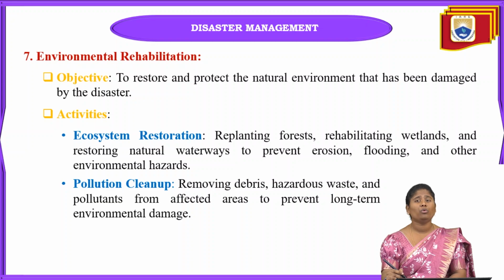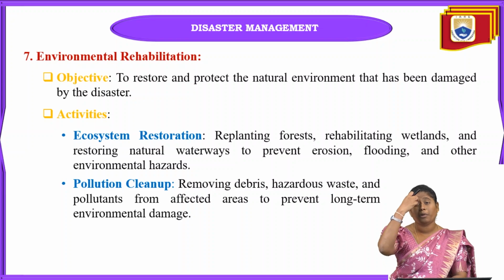Here we have to do reforestation. At the time of a disaster, so much deforestation can be seen, so replanting of trees can be done. Wetlands can be rehabilitated and natural waterways restored to prevent erosion, flooding, and other environmental problems.